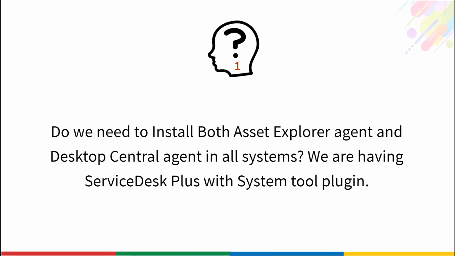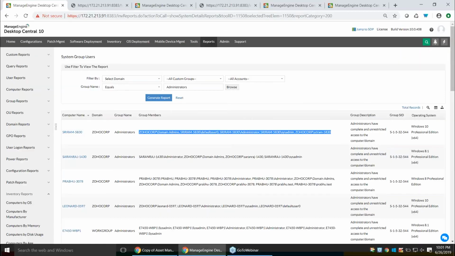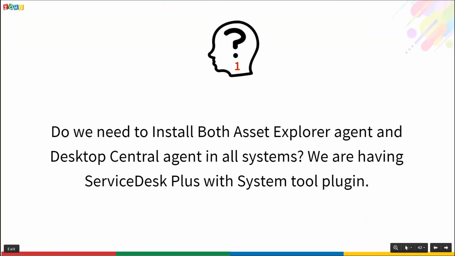Like I said before, Asset Explorer is one such feature integrated with the Service Desk Plus tool, which also has some asset management functionalities. In case you're using both these tools, you can directly integrate with Desktop Central, and with the help of the Desktop Central agent itself, you can manage both these tools. So you don't have to install a separate agent for Asset Explorer or for Service Desk Plus. That's an advantage over here.